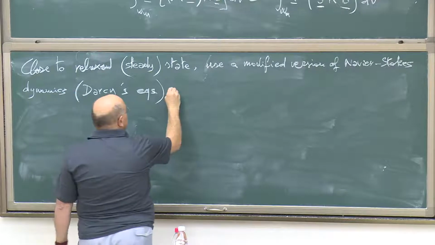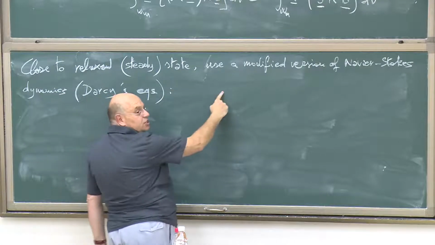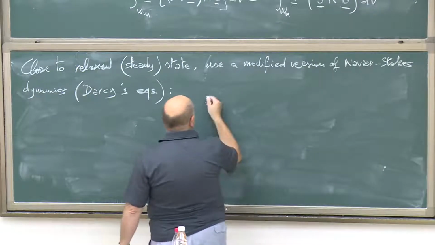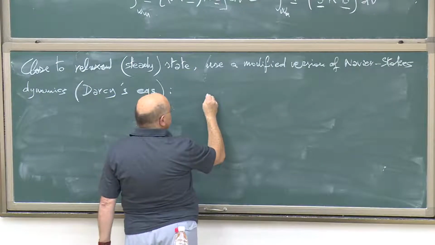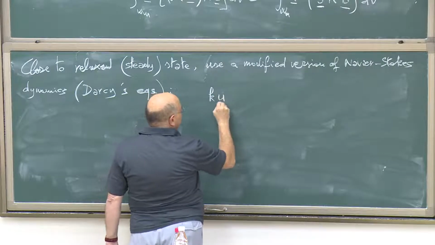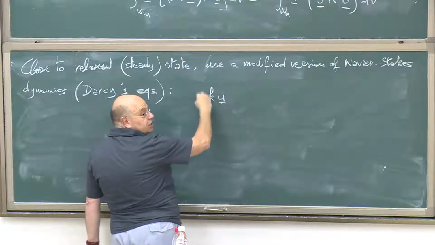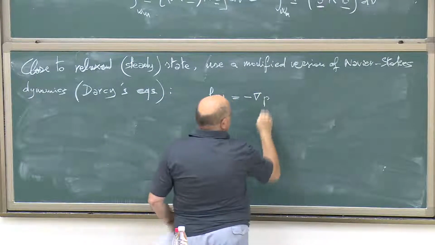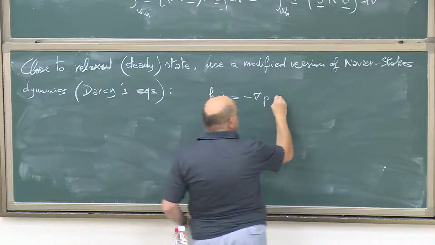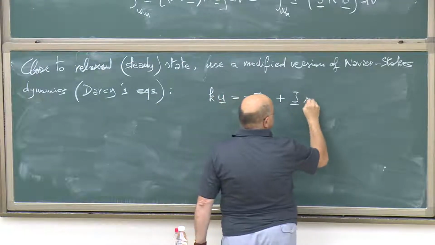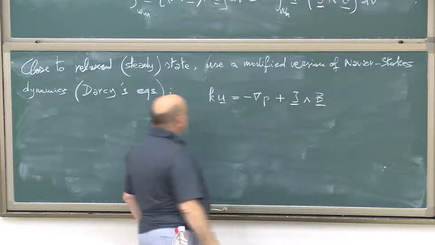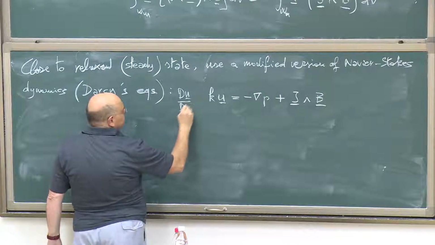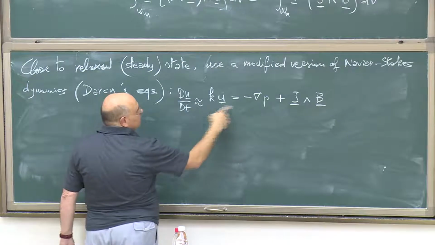So you state that instead of having du dt, you have something proportional to u, so let's say kappa u. This plays the role of du dt. And then on the other side, you have, as usual, the contribution from the pressure plus the Lorentz force. So you replace du dt with this.